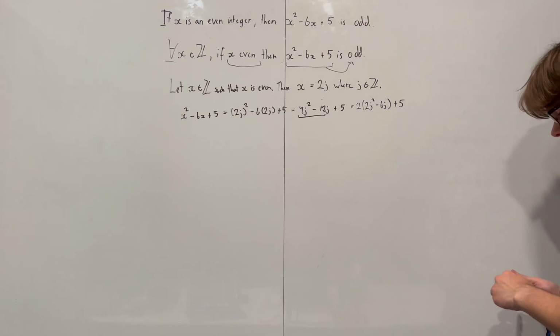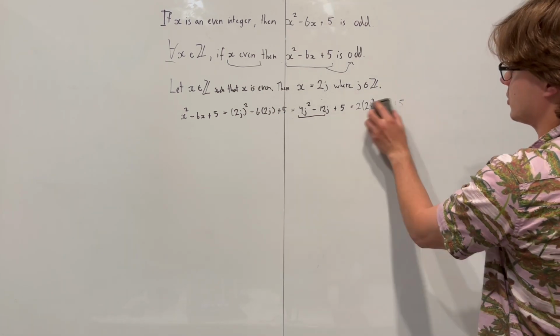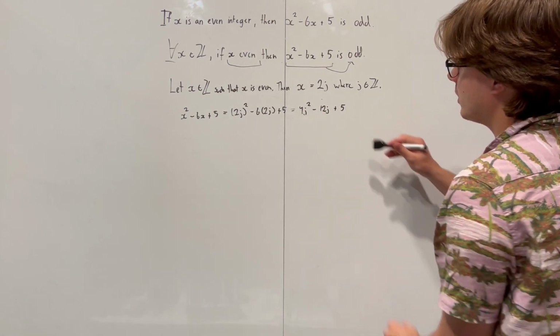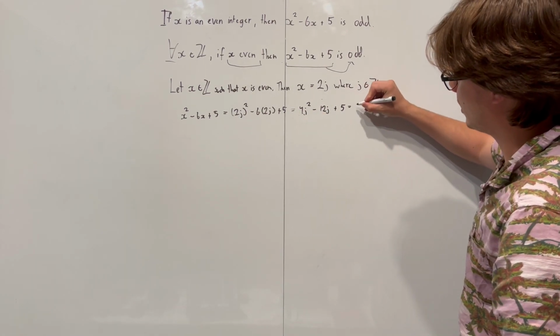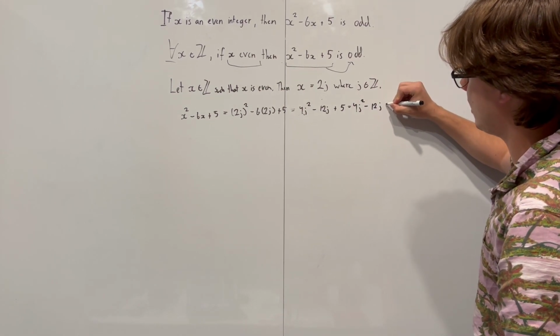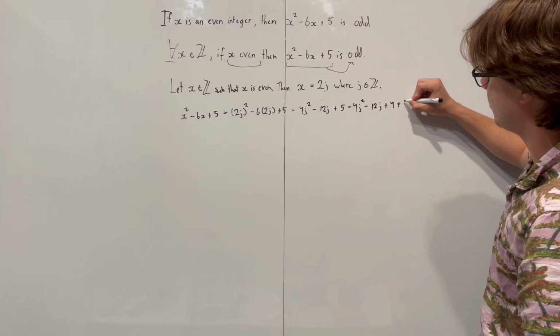Oh, I got it. Actually, yes, that would be really, really good. So I'm actually going to go back a step. This is perfectly okay. What I'm going to do is I'm going to split 5 up. So this is what we're going to get. 4j squared minus 12j plus 4 plus 1.